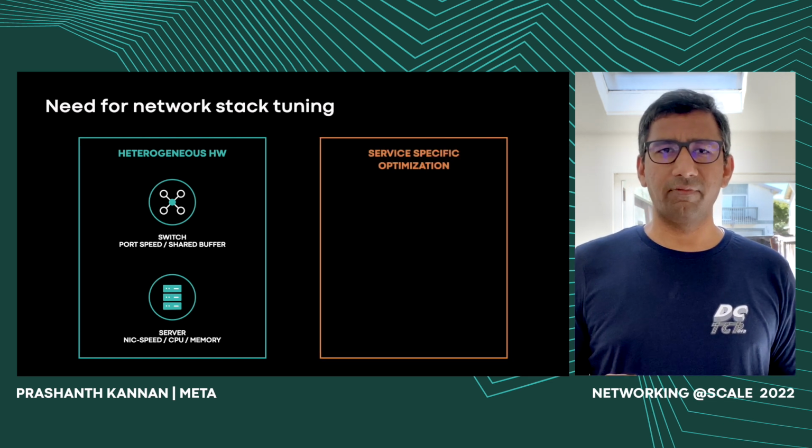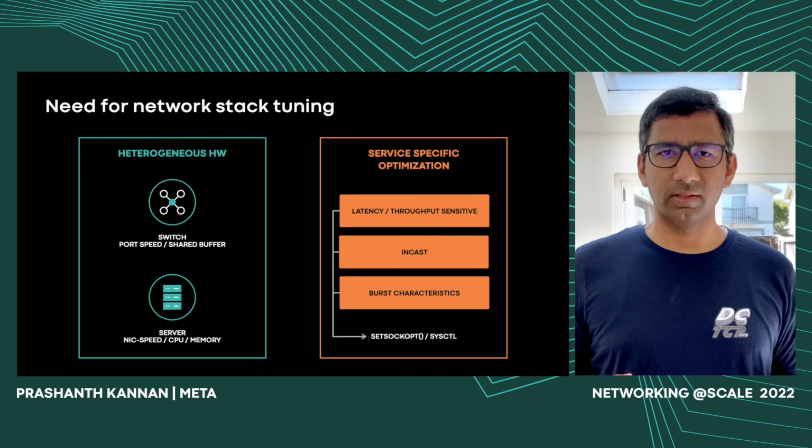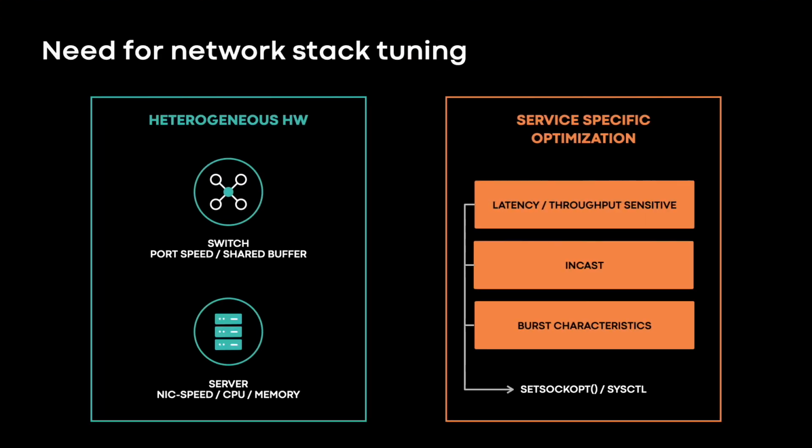Also, we have many types of workloads, including ones that handle user facing traffic, ones that store data, machine learning, etc. Services have different traffic patterns. For example, we see connections with very short round trip times in the order of microseconds, while we also see others on a comparative scale that are much larger in the order of hundreds of milliseconds.